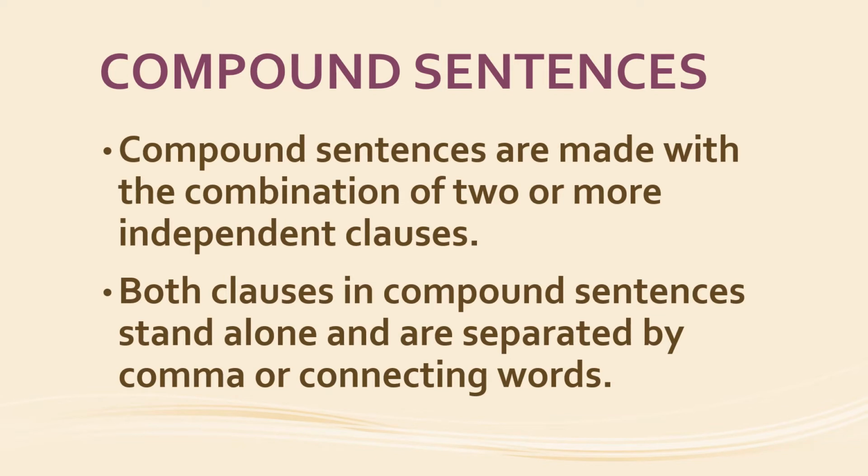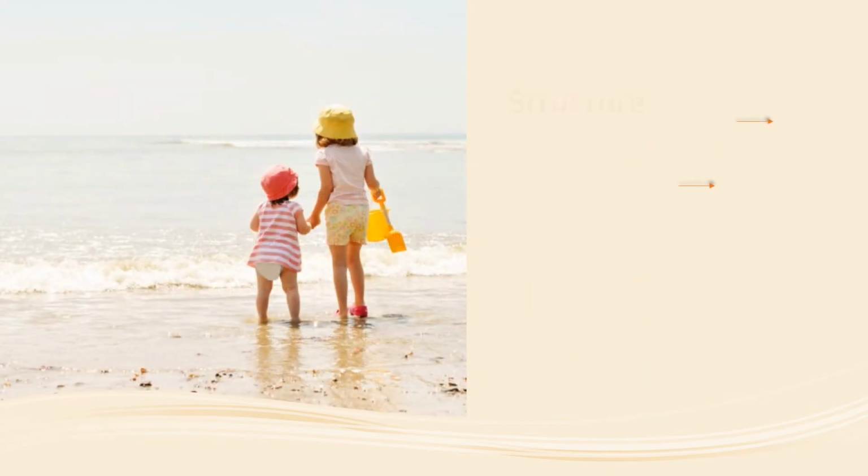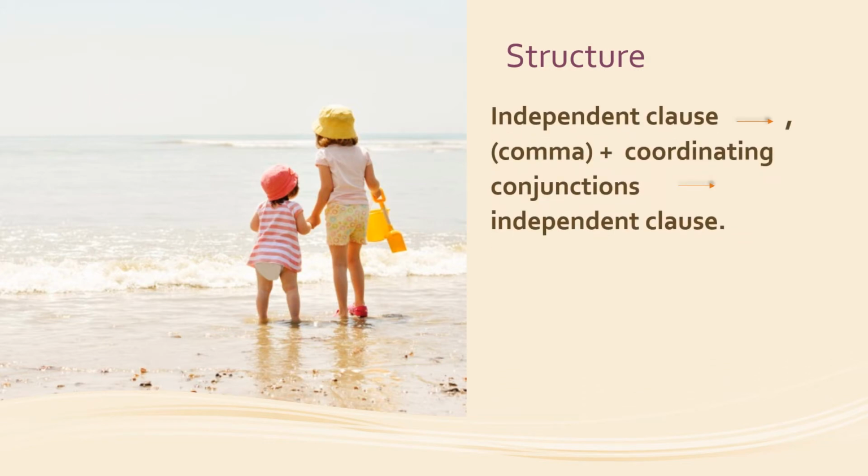We always separate two independent clauses using comma and connecting words. The structure is independent clause plus comma plus coordinating conjunction plus independent clause. This is the structure of compound sentences.